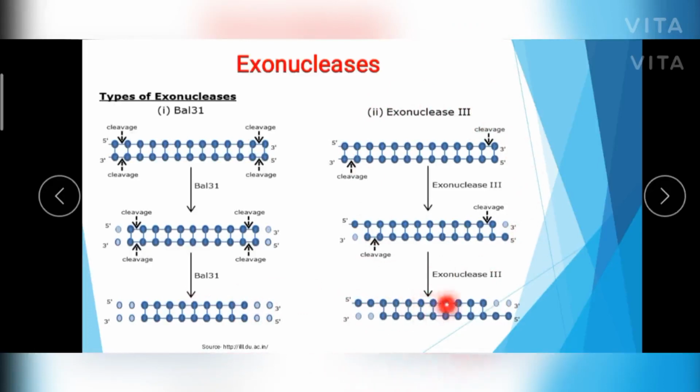So 3' ends are cleaved, thereby leaving the 5' strand, single stranded 5' regions. 5' overhangs will be left over. Whenever you treat the DNA sample with exonuclease 3, you will get DNA fragments having 5' overhangs. In this manner, to shorten the DNA fragment or to produce overhangs, these particular exonucleases are used.